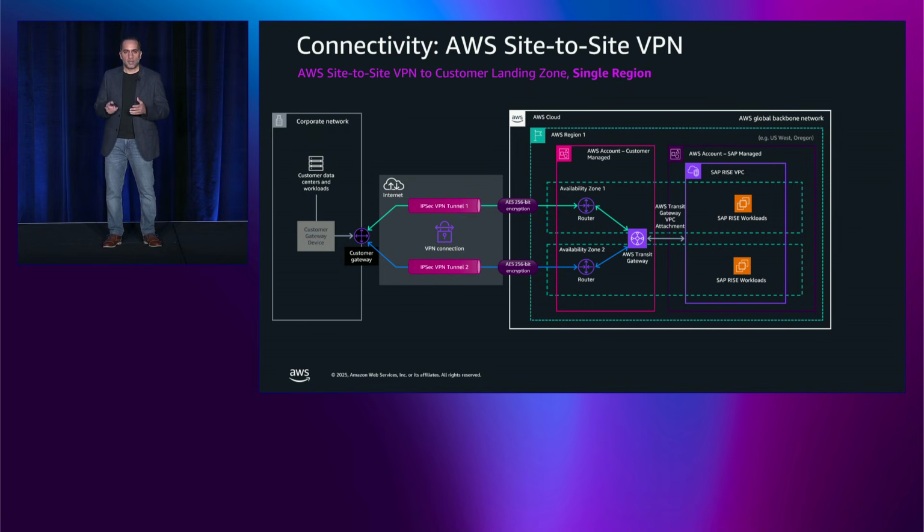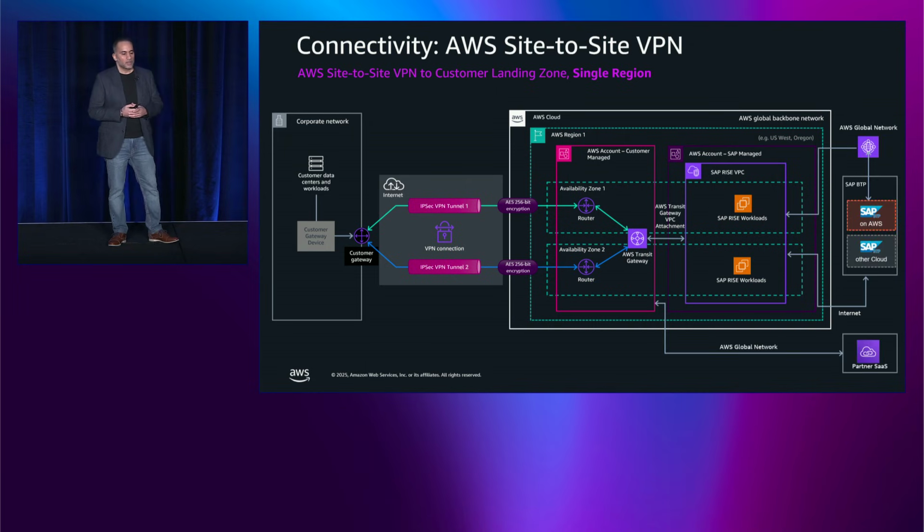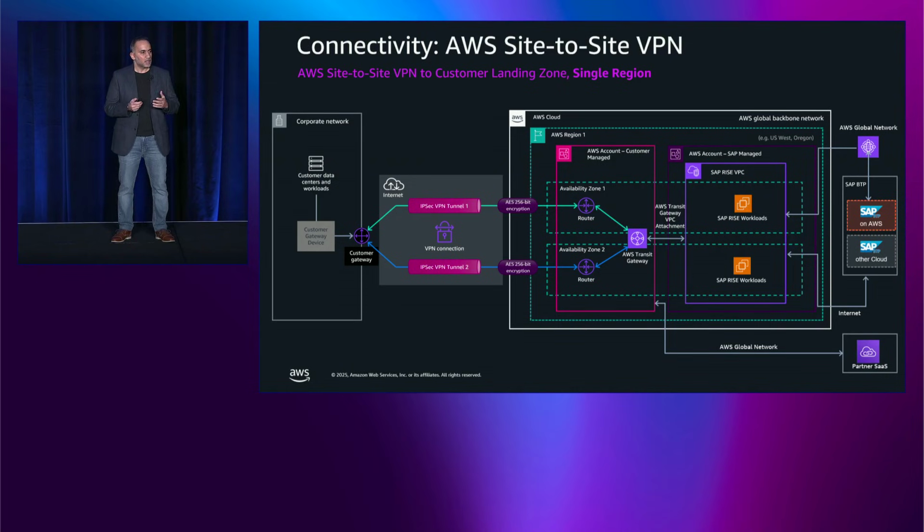The VPN terminates at AWS Transit Gateway in the customer managed AWS account, which then further connects with SAP Rise VPC in the SAP managed AWS account. Similar to the Direct Connect pattern, this architecture also leverages AWS Global Network for external connectivity.